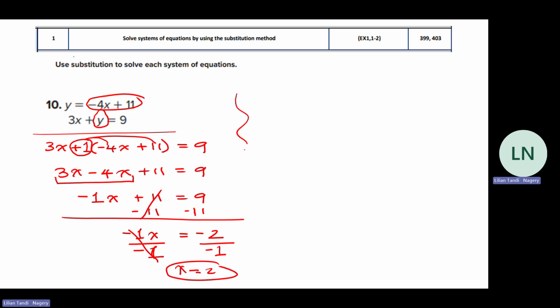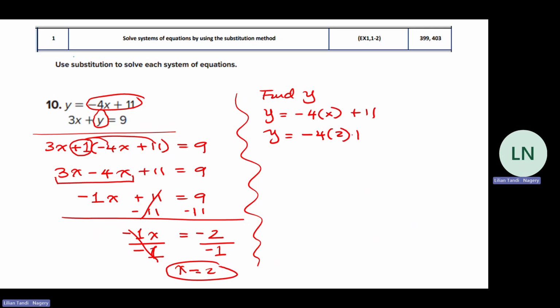Then you need to find y. So I'll use the first equation. Y equals to negative 4 parentheses x plus 11. Y equals to negative 4 parentheses 2 plus 11. Negative 8 plus 11.